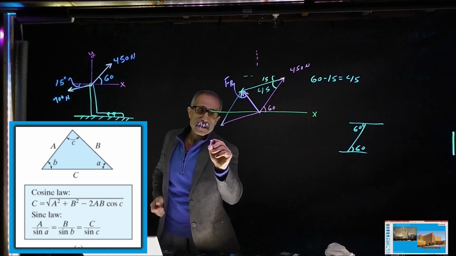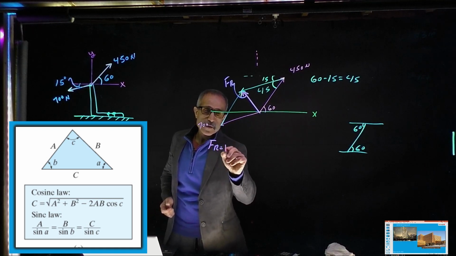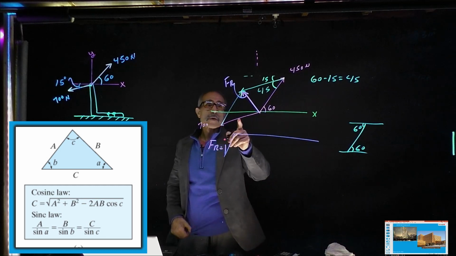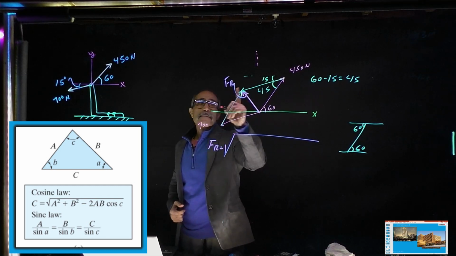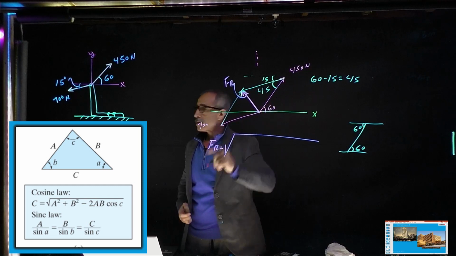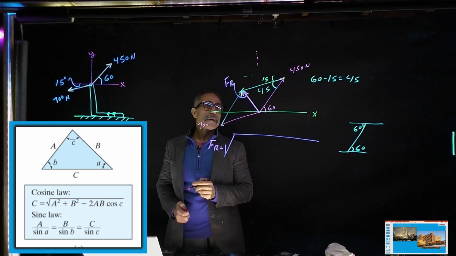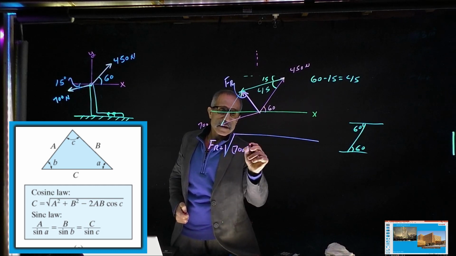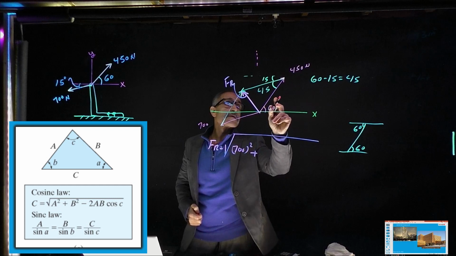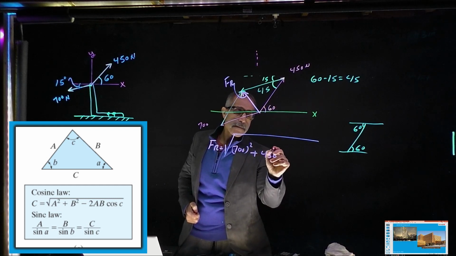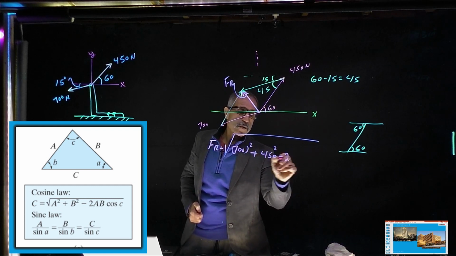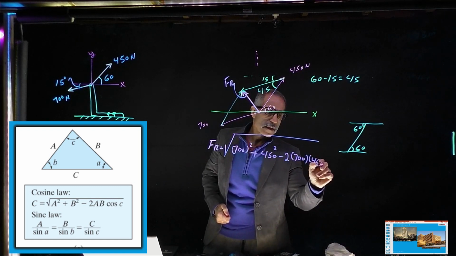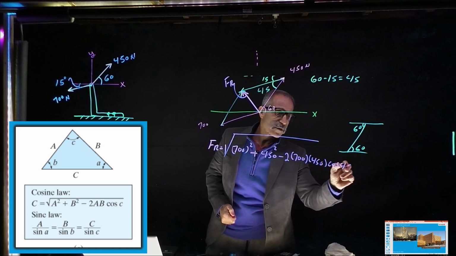So FR is equal to the square root of, and that was a square, which was this one right here, 700 squared plus 450 squared minus 2 times 700 times 450 times cosine 45, which is between them.